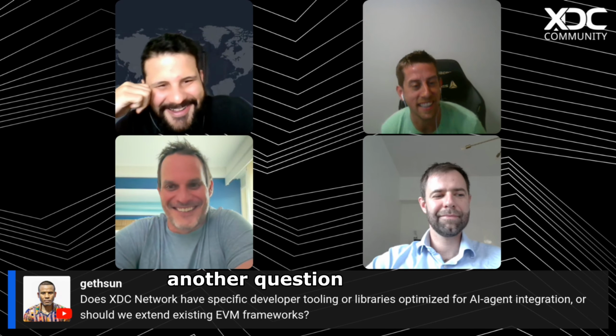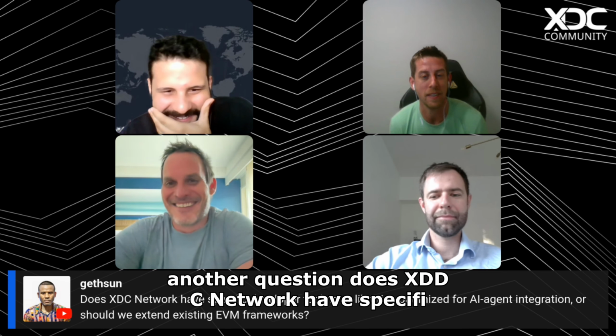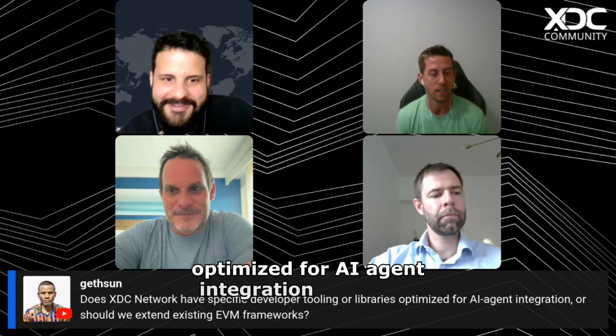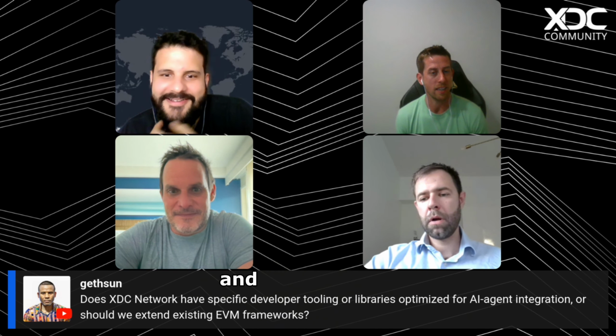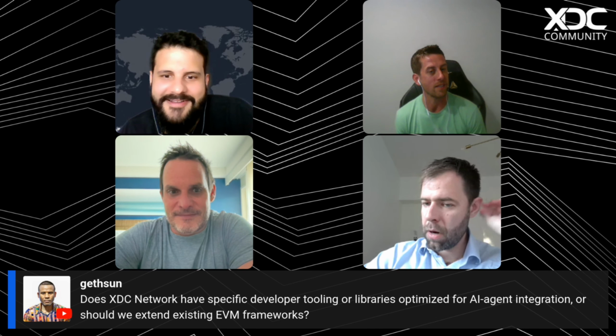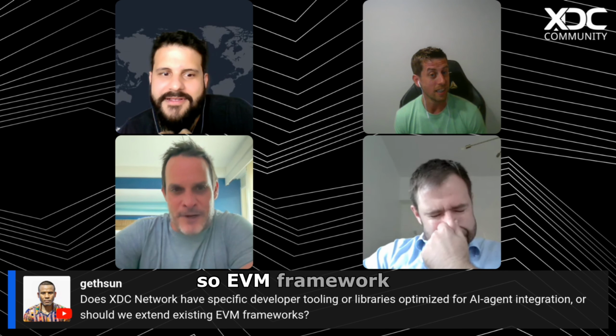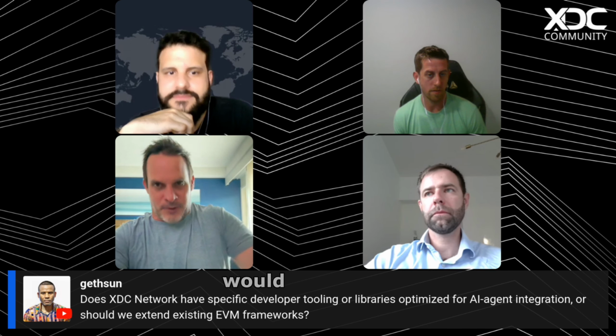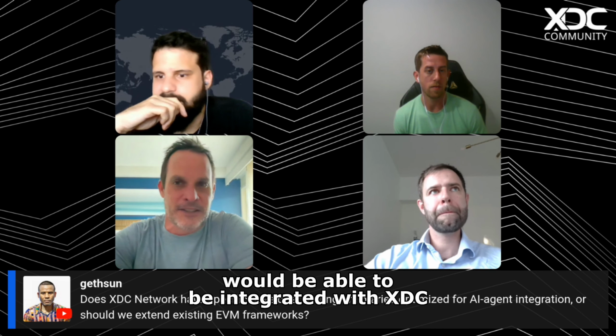Now the question: does XDC Network have specific developer tooling or libraries optimized for AI agent integration, or should we extend? And by agents, do we mean like Eliza OS? Yeah. So EVM frameworks, like Eliza. Anything that's able to be integrated with an EVM network would be able to be integrated with XDC.